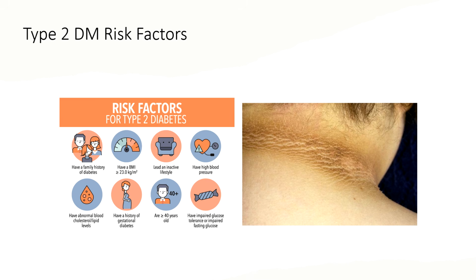Another thing that can increase the risk for type 2 diabetes could be a family history. You could have a history of gestational diabetes. You fall in line with one of those ethnic backgrounds, right? Alaskan, American, Native American, African American, Hawaiian, Pacific Islander, Asian American.